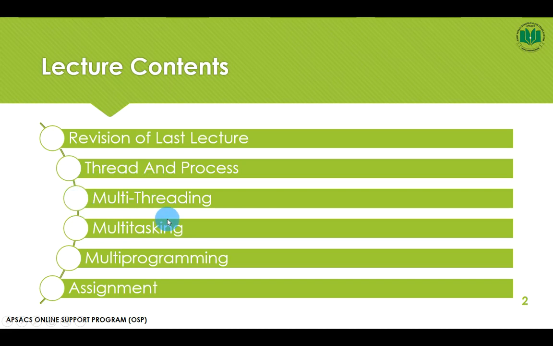We have discussed multithreading, which means executing multiple threads in a single process. We have discussed multitasking, which means doing many things on the same computer, or executing multiple programs on a single system. We have discussed multi-programming, which means loading all the programs into the RAM and executing them turn by turn.